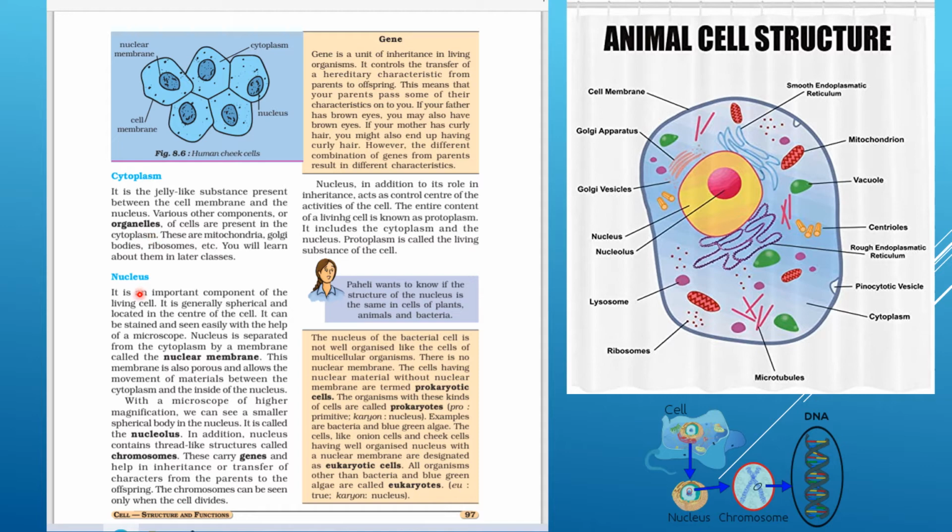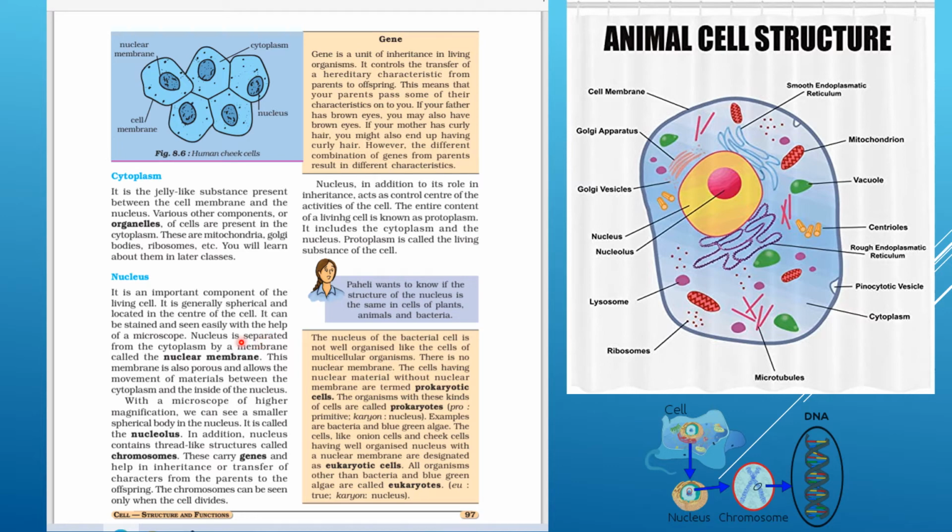Now see the nucleus. It is a very important component for a living cell. It is spherical in shape, and it is located in the center of the cell.